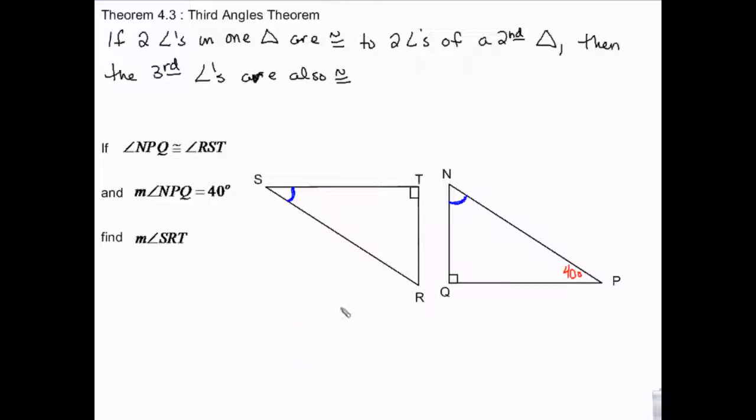What's SRT? Well, these two angles are congruent to these two angles. That means that this angle is going to be the same as this angle. Does that make sense? Because since this one's the same and this one's the same, these are the same. So if this is 40, this is 40.